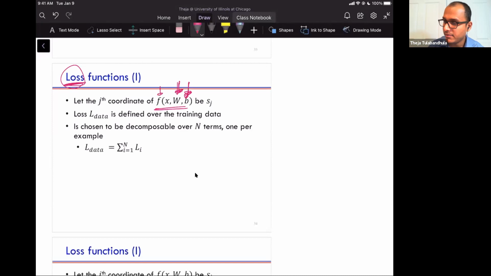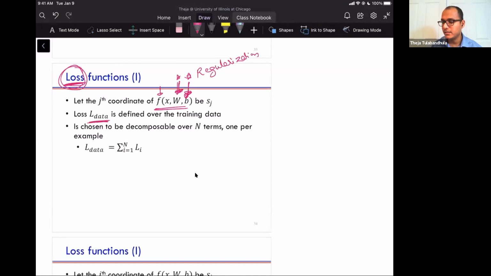This quality function will depend on two things. One is your training data, and this is where training data is going to come in. It's also going to depend on whether you have a preference over parameters, and that's through regularization. I'll talk about that in a minute.